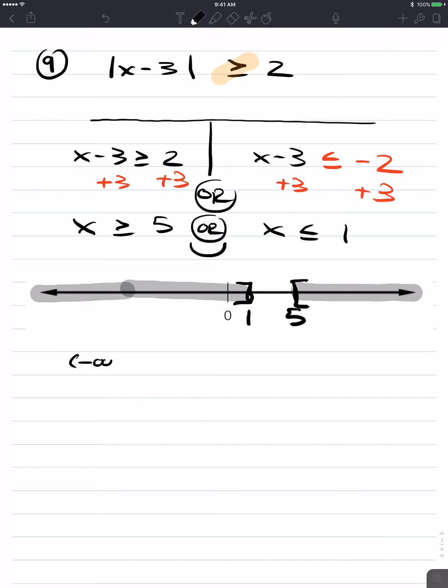Written in terms of interval notation, we're going to describe the left piece by -infinity up to 1. Be sure to use the square bracket because we include the 1. Use a square bracket for the 5 because we include the 5. This is our interval notation.